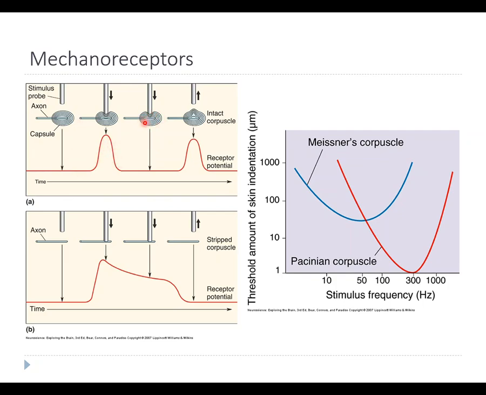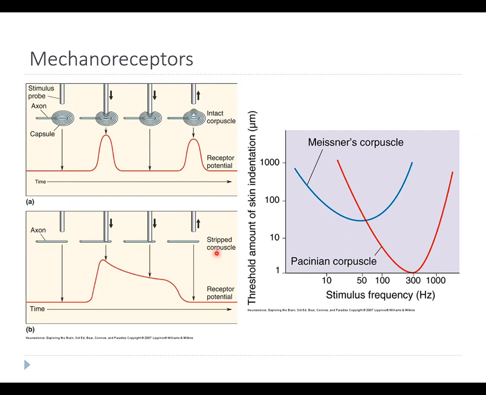But then if you continue pressing, within just a few milliseconds the pressure from that probe gets distributed around the capsule, and you end up with basically no detected pressure on the axon. But then when you remove the probe, the capsule returns back to its original shape, and that movement or that force gets applied to the receptor as well. And so that's why the receptor detects the initial force and the initial removal of the force, but it doesn't detect the force in between.